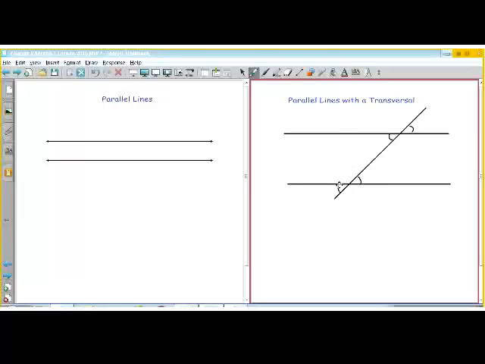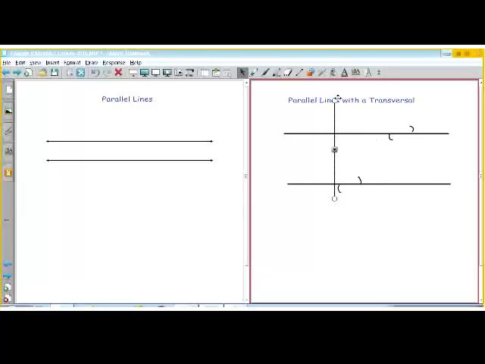Because these two lines are parallel, we can also say that these two angles here also have the same value as what's on the other parallel line. So all of these angles have the same value, whatever they are. And again, just thinking about big versus small, when you have two parallel lines and a transversal, all the small angles have the same value, and all the bigger angles have the same value.